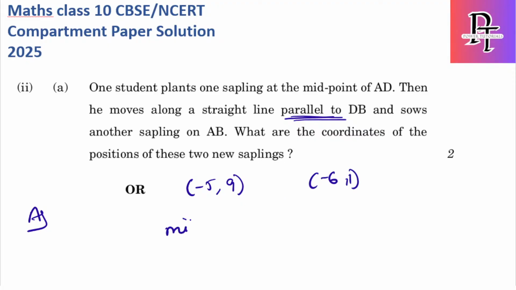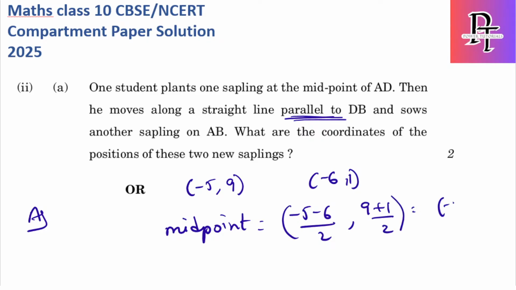Midpoint will become x1 plus x2 by 2, so minus 5 minus 6 by 2 comma 9 plus 1 by 2. This becomes minus 11 by 2, which is minus 5.5, comma 9 plus 1 by 2, which is 10 by 2, which is 5. So the midpoint is minus 5.5 comma 5.